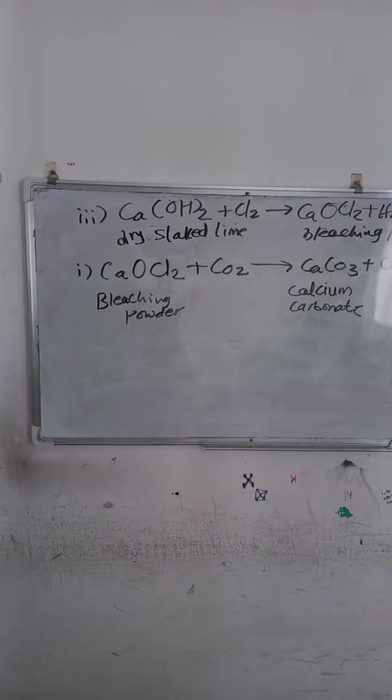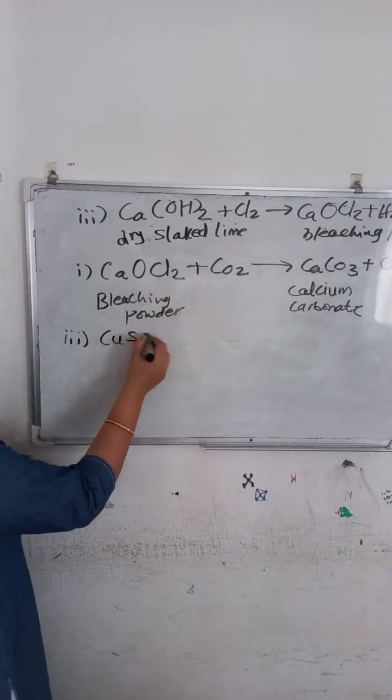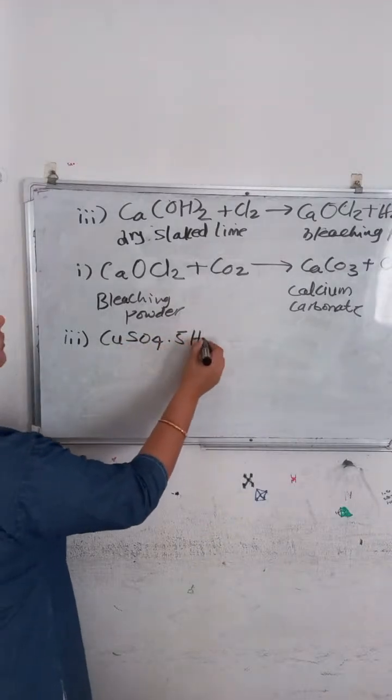Now the second: blue crystals of copper sulfate are heated. Blue crystals of copper sulfate. The copper sulfate formula is CuSO4, and there is water of crystallization, 5H2O. So here CuSO4·5H2O is nothing but your blue copper sulfate.